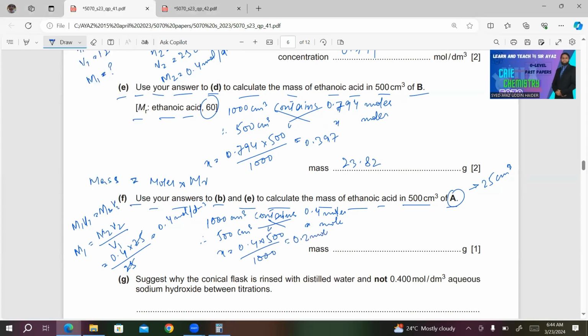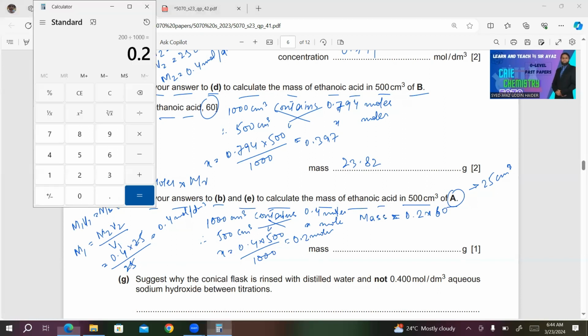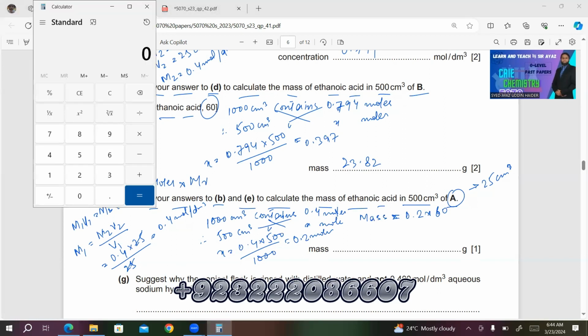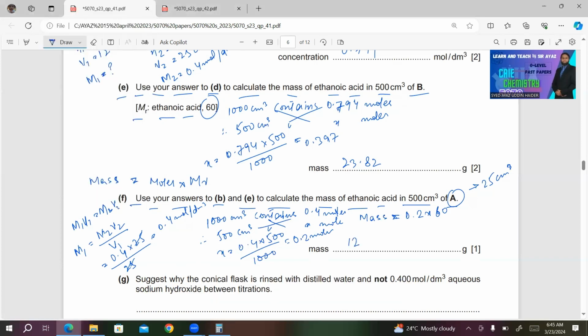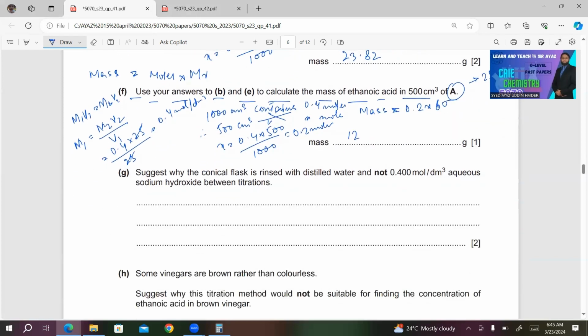In order to get the mass, multiply the moles by MR. So 0.2 multiplied by 60, and we will get 12 gram. So this will be the final answer.